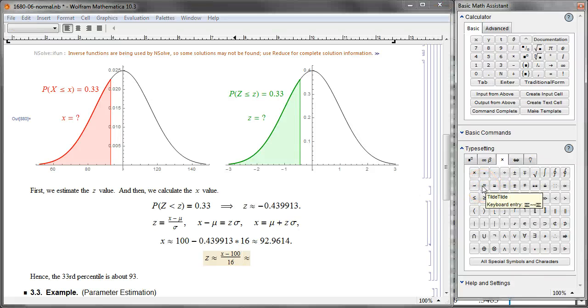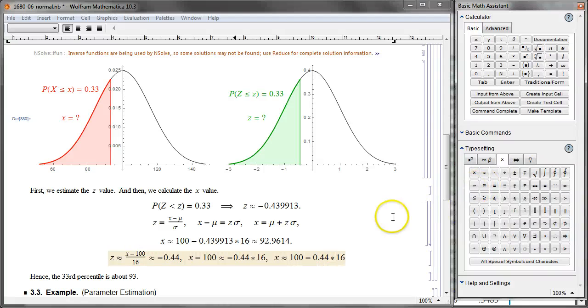And then that is approximately negative 0.44. Consequently, x minus 100 is approximately negative 0.44 times 16. Therefore, x is approximately 100 minus 0.44 times 16.